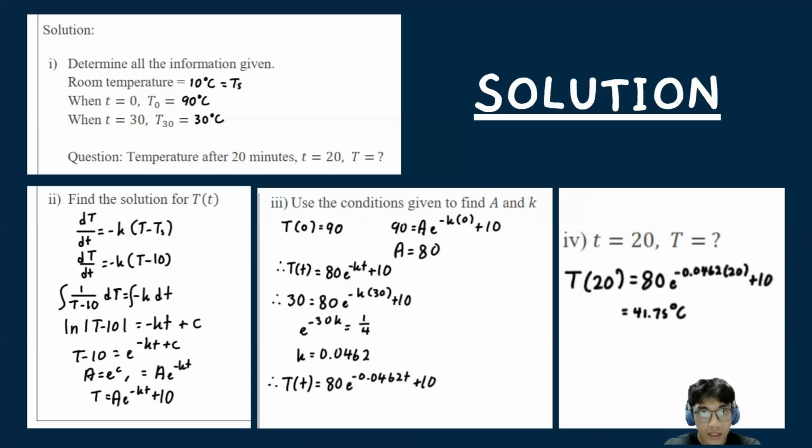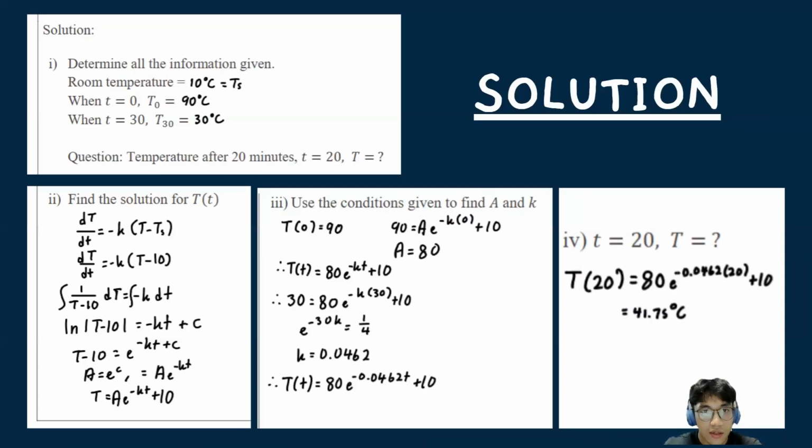Now we can find another constant also, since there is A and k. We can use the other information given, T naught and T30.